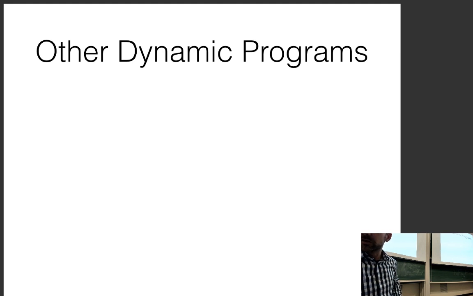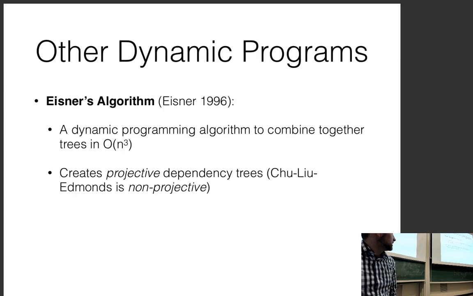Now I'm going to move into some stuff that wasn't covered quite as extensively, which is other methods for dynamic programming. These are good things to know, just kind of in the back of your mind. If you're interested in dependency parsing, you should definitely look these up and see what they are. One is Eisner's algorithm. So Eisner's algorithm is a dynamic programming algorithm to combine together trees in n cubed time.